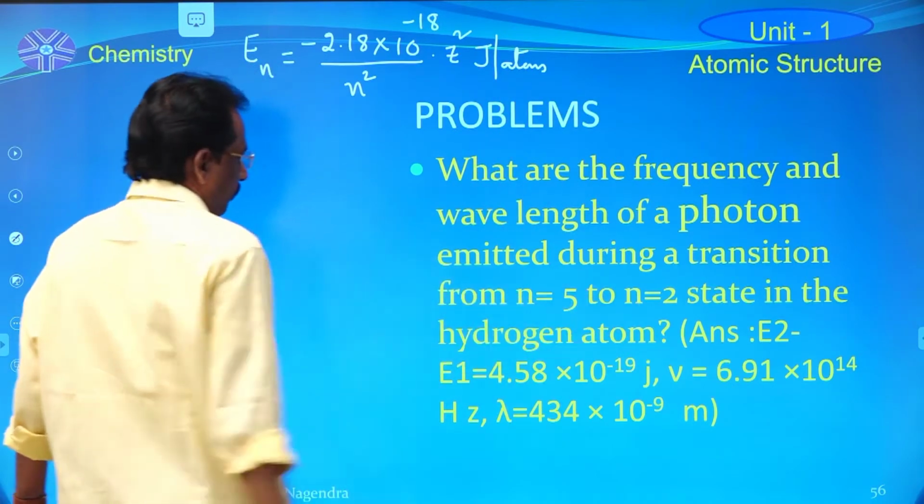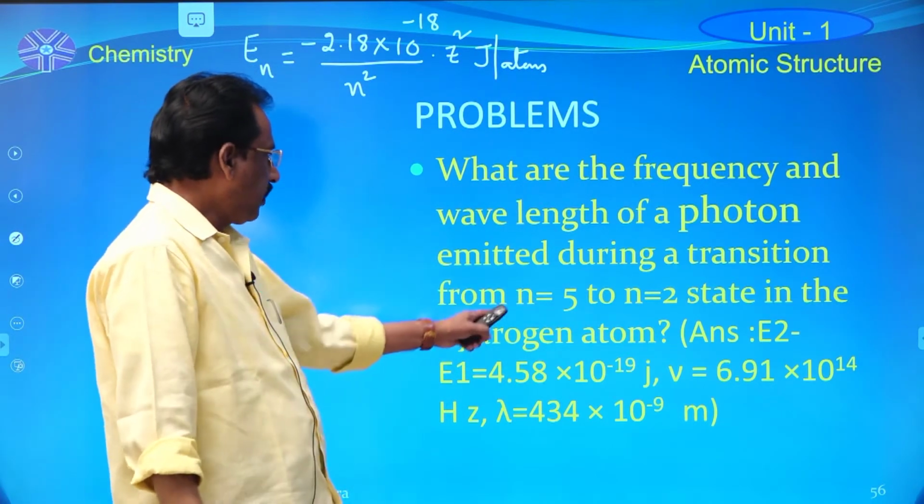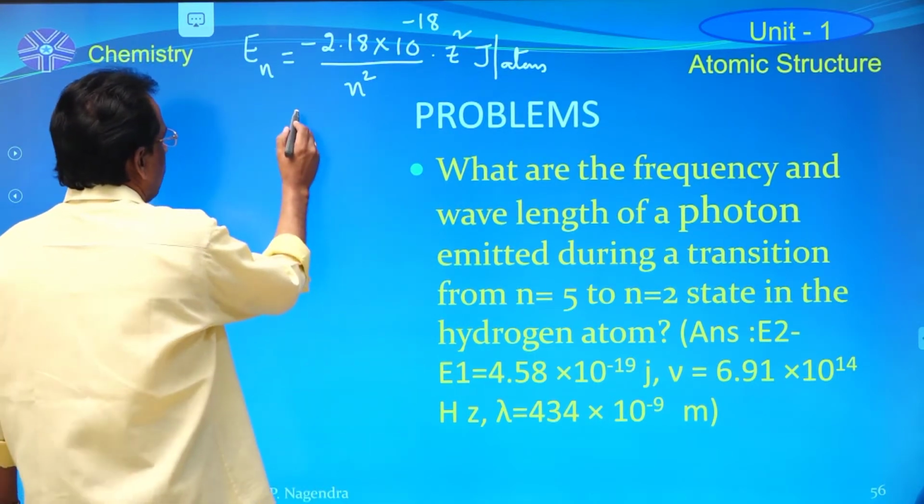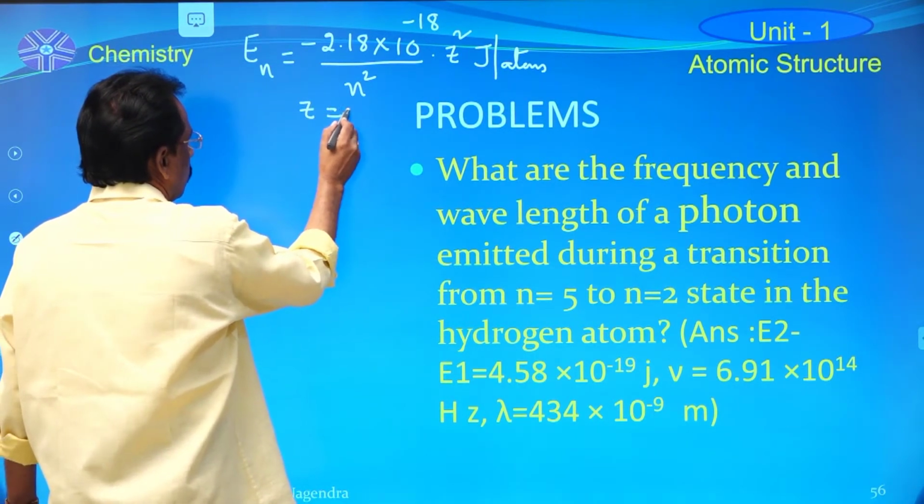For the hydrogen atom, the value of Z is equal to 1.